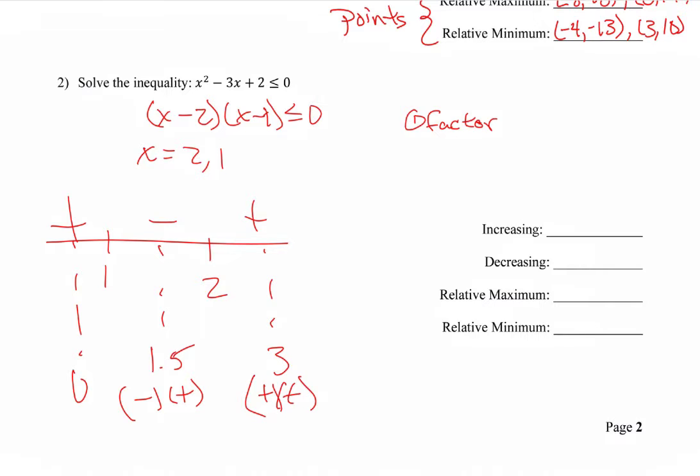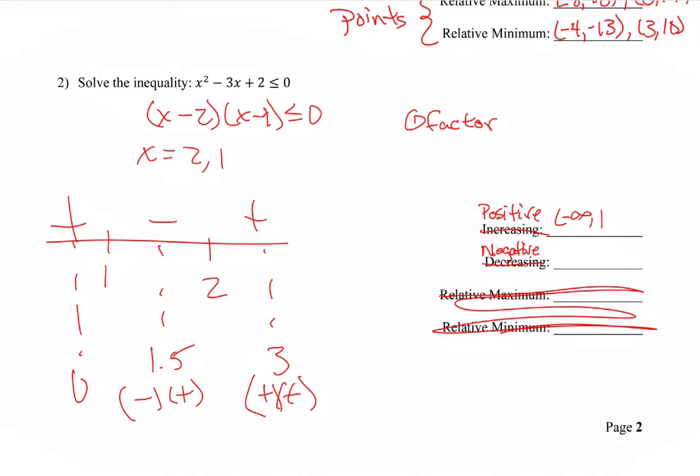Sorry, this is not what I'm getting from this in here. I'm looking for positive and negative. I am positive from negative infinity to 1, union 2 to infinity, and I am negative in 1 to 2.